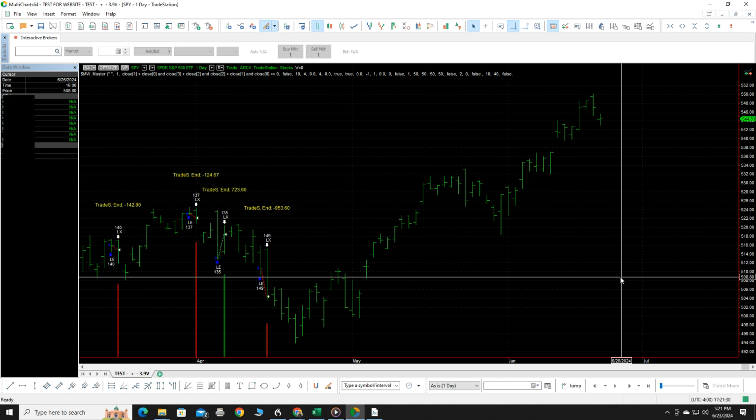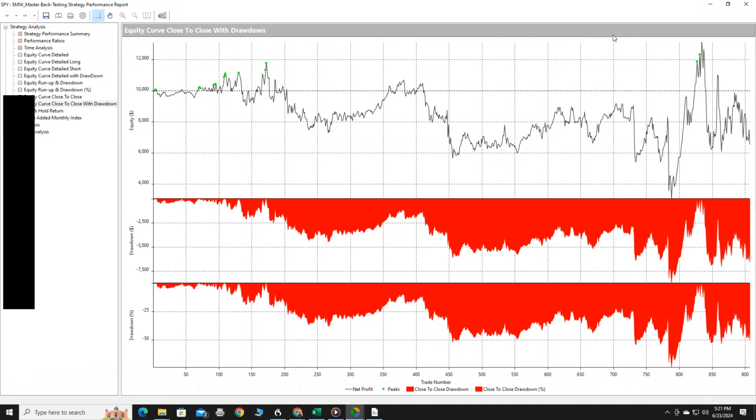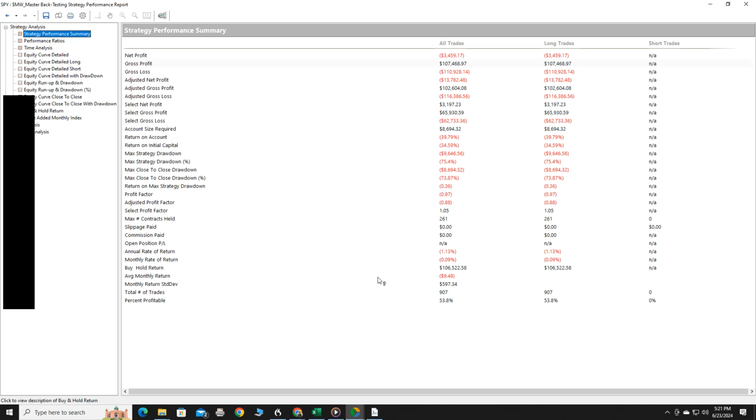Remember, there is no money management on our pattern. This is just trading more contracts as the account grew. And this is the result. Not pretty. This is definitely not something you want to be trading as is. As you can see, it lost money.